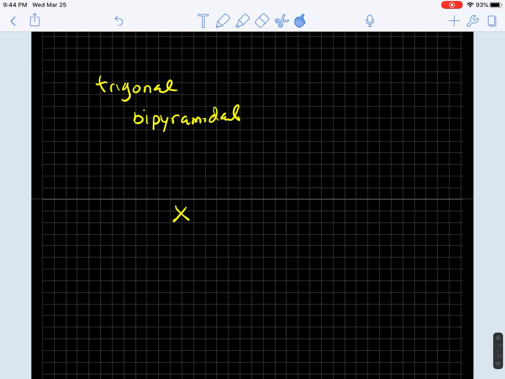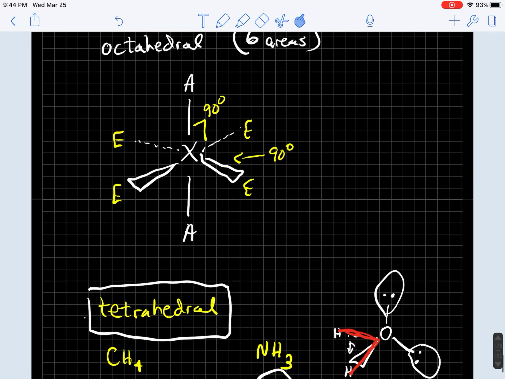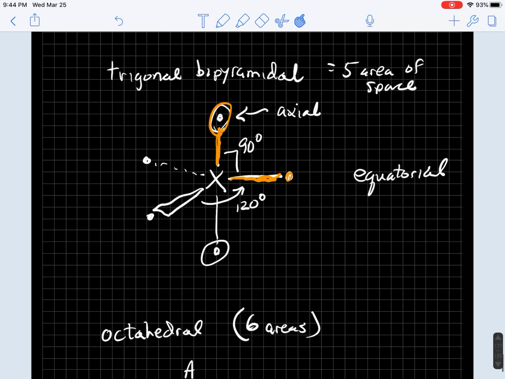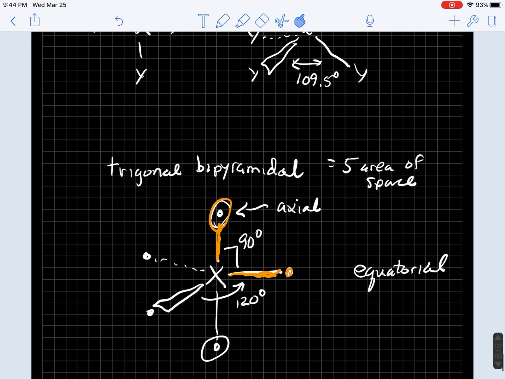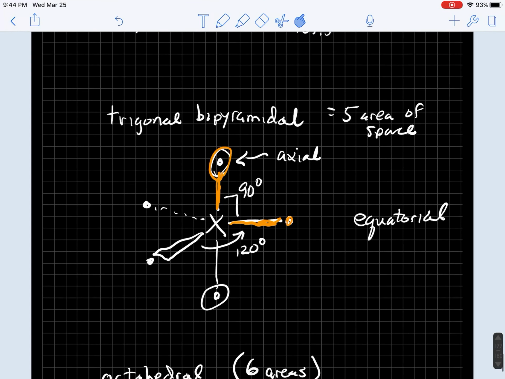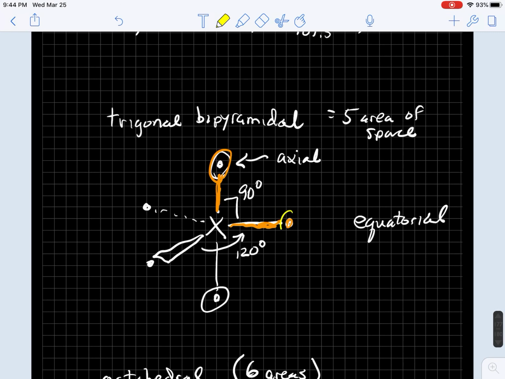Axial or equatorial? All right, so you go back to our little diagram on trigonal bipyramidal. Well, let's look at the bond angles. It's 90 degrees axial to equatorial, but it's 120 degrees around the equator. So the equator would be the best place to put an unshared pair.